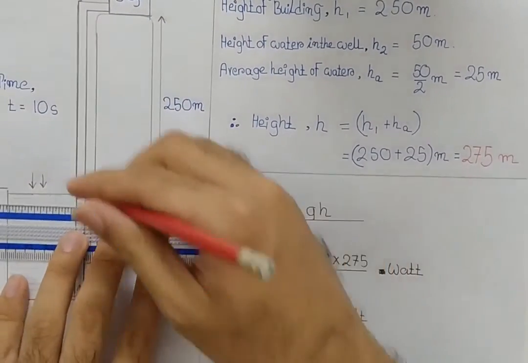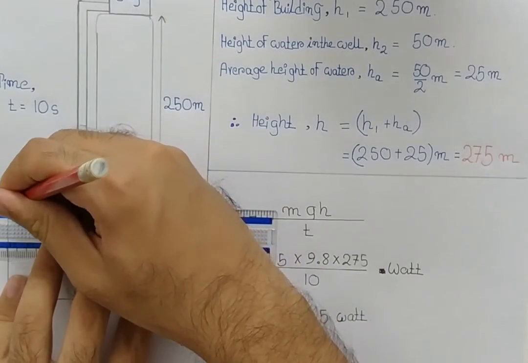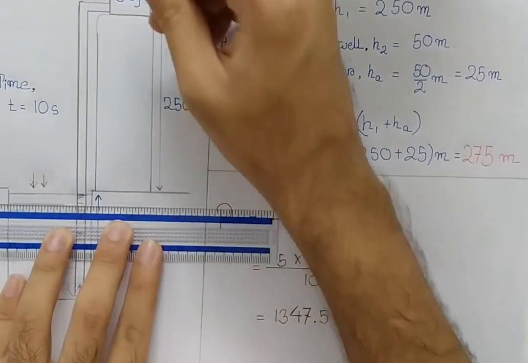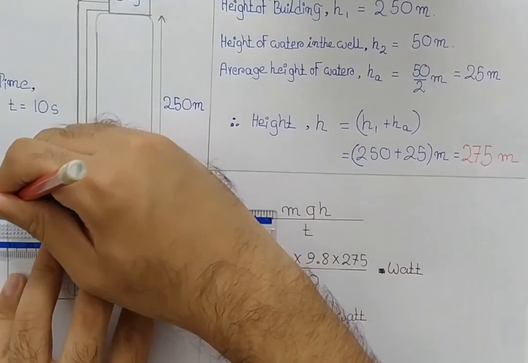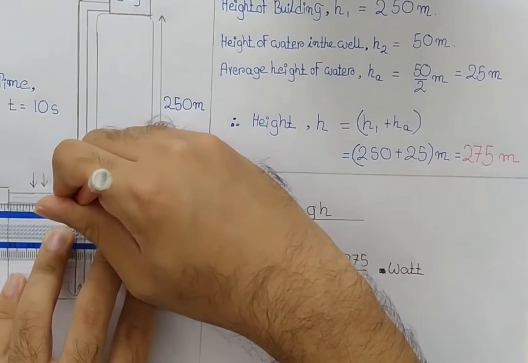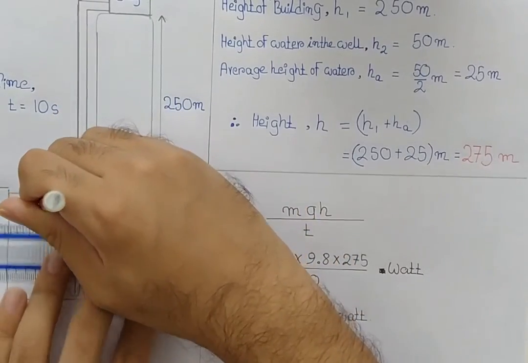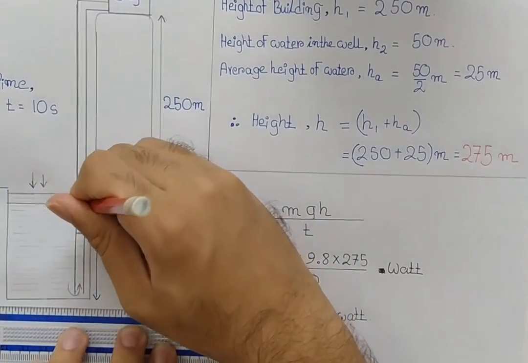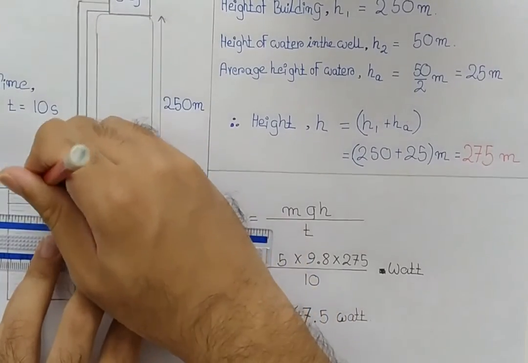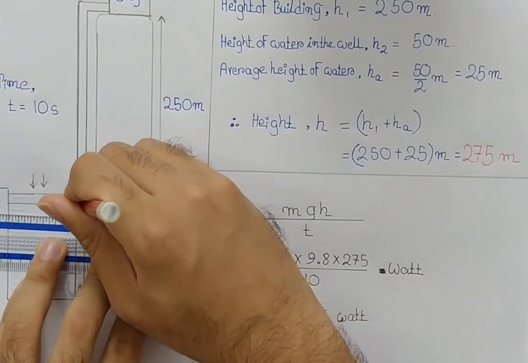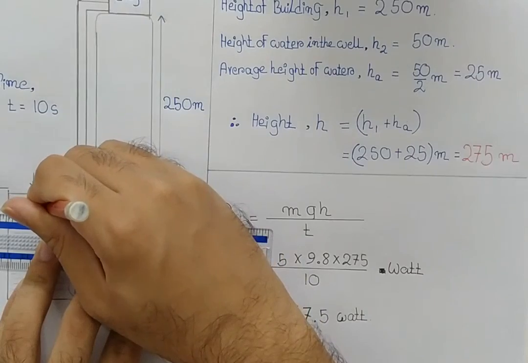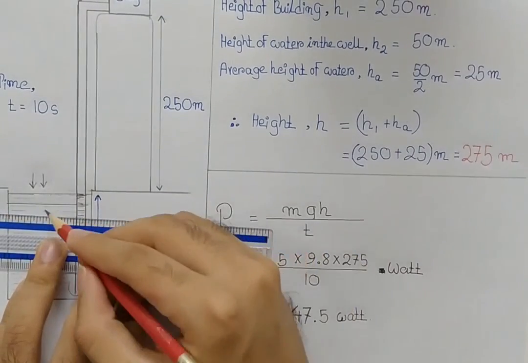Then after some time, the water level becomes here. As some of the water went to the tank, the water level falls to this position outside the pipe and also inside the pipe. Because of atmospheric pressure, water goes up to this layer, and atmospheric pressure makes it equal inside and outside the pipe.